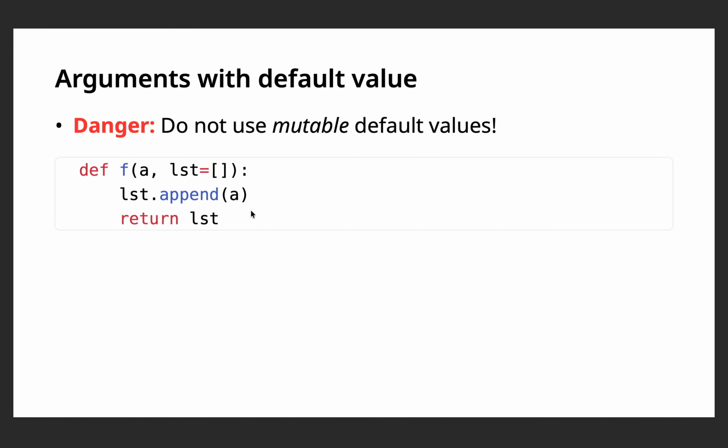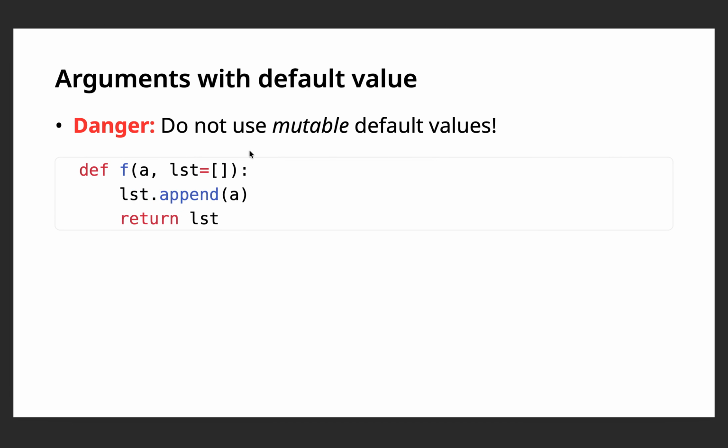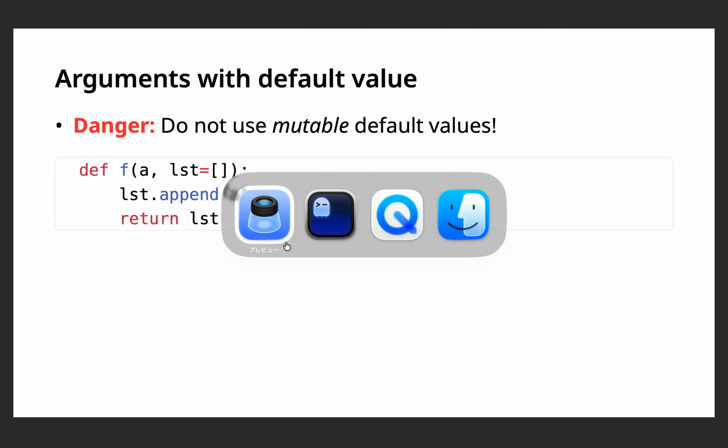Now one caveat here is that if you're going to have a function with default arguments, be careful not to use a mutable value as your default value. The reason for that is, I guess it's easier to just show you.